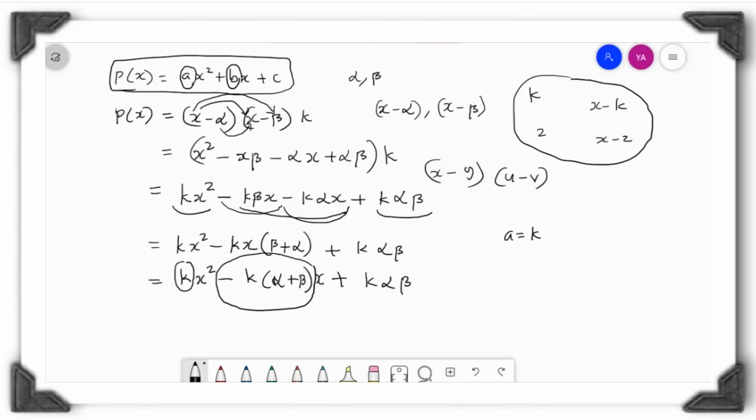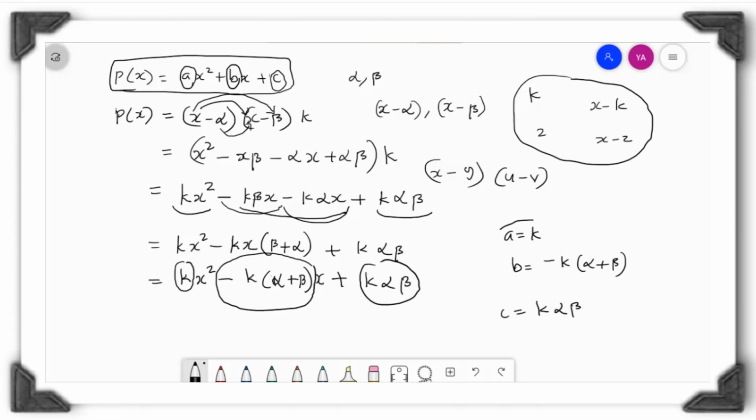That is, b is equal to minus k times alpha plus beta. The next one is c, the constant term. Now what is the constant term here? c is equal to k alpha beta. And from this you can get the results.